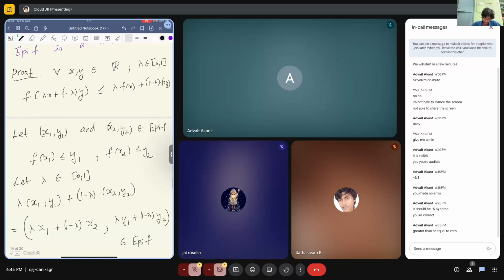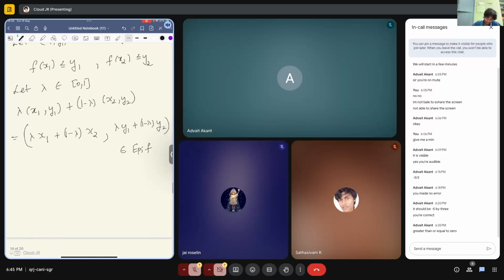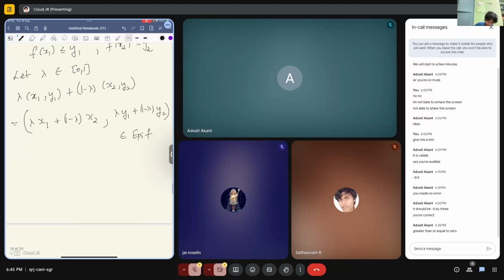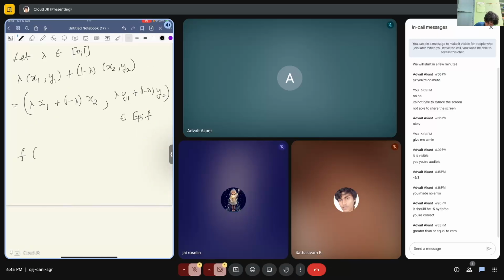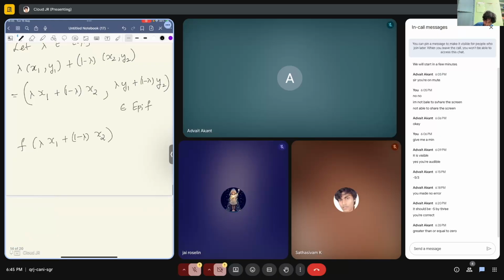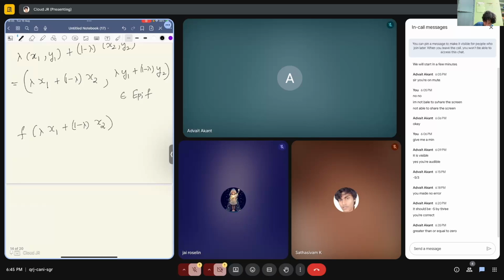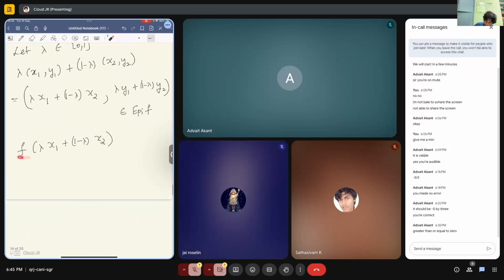That means f of this thing has to be less than or equal to this particular term, right? That's what we want to prove. So let's look at f of lambda x1 plus 1 minus lambda times x2. What we know is your function is convex.